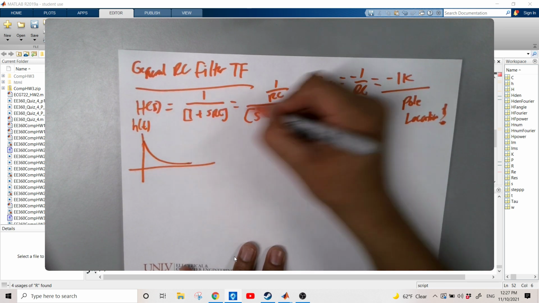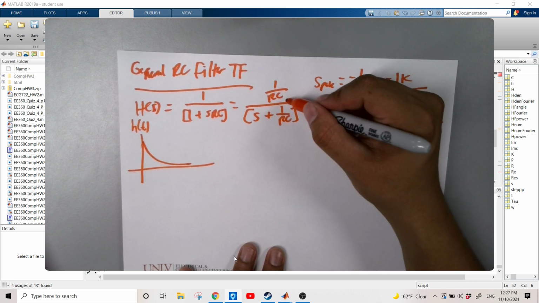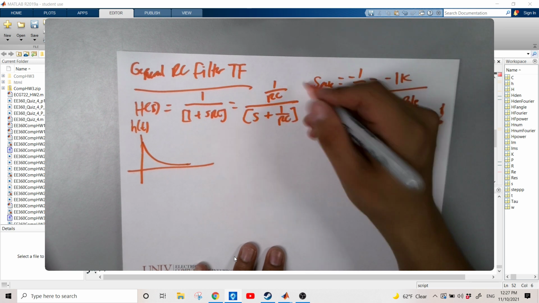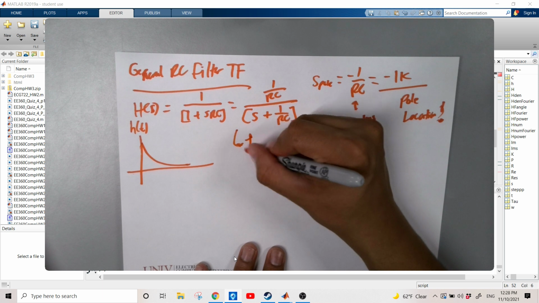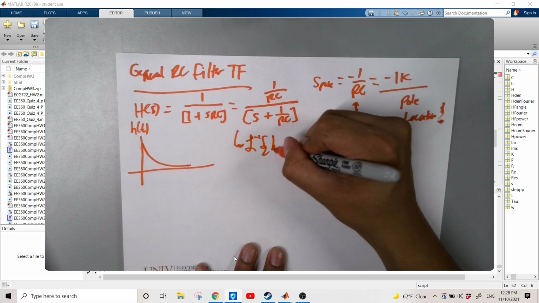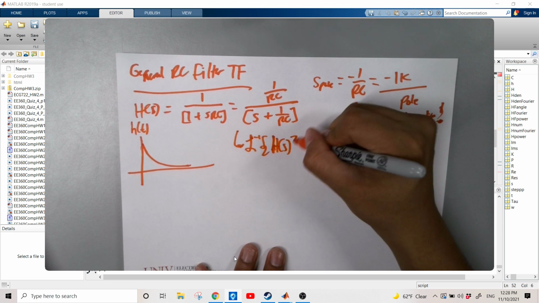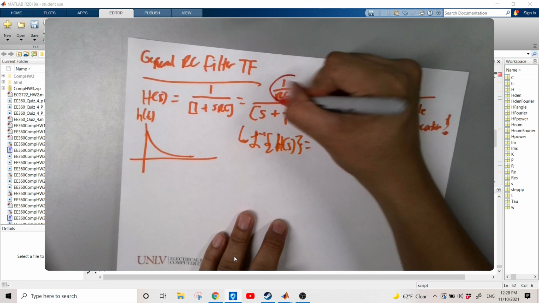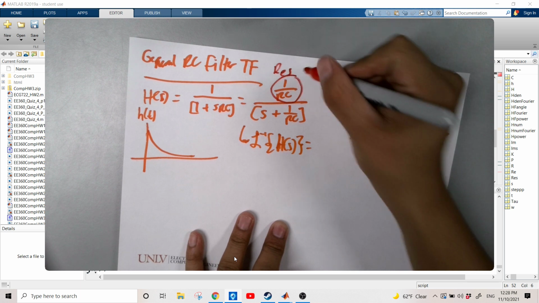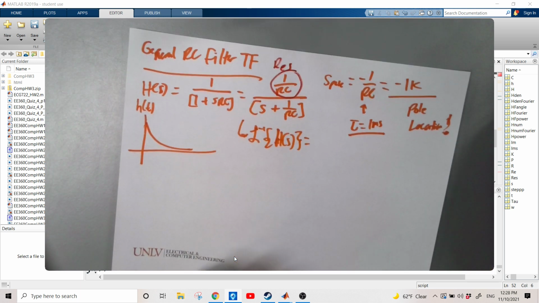Well, okay, if you wanted to, what is the inverse Laplace transform of this? L minus 1 of H of s. All you look at is, here's your residue, and then here is your pole.